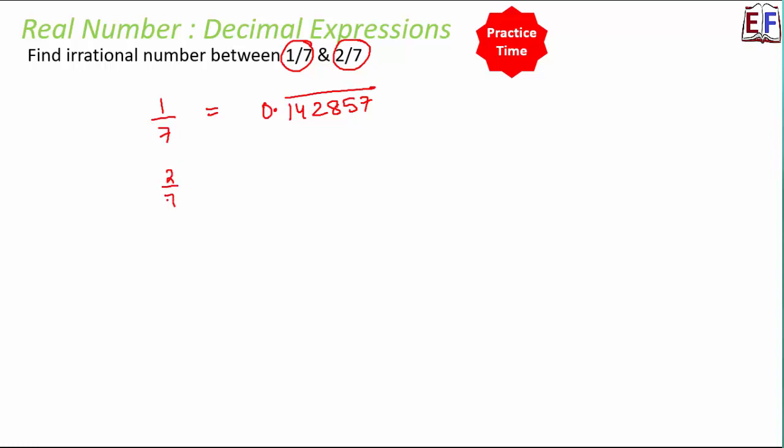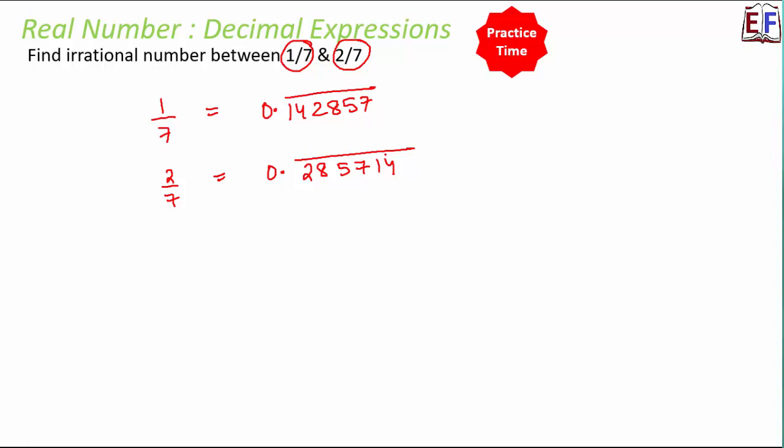And what is 2 by 7? Okay, another interesting thing. Now you do not need to divide this entire 2 by 7 thing. So if 1 by 7 is this, so 2 by 7 will be 2 times of this. So you can simply multiply this by 2. So you will get 0.285714 bar, right?